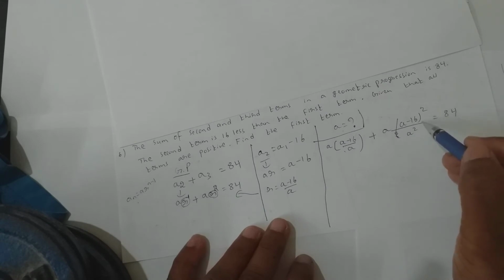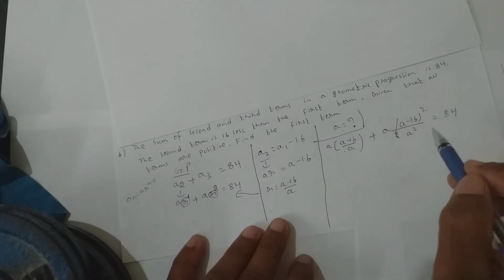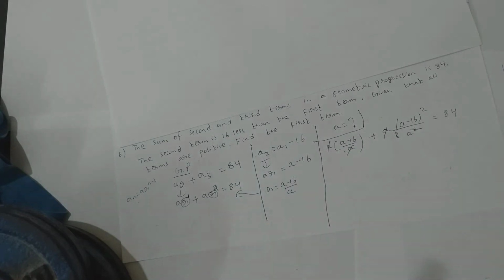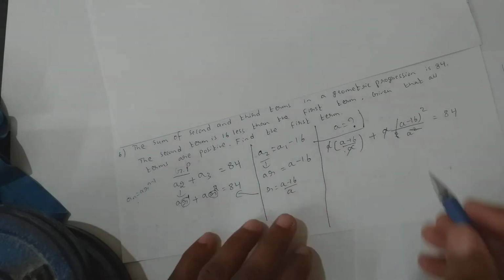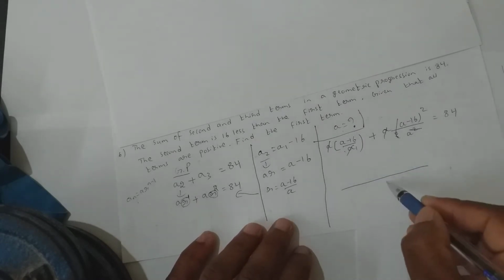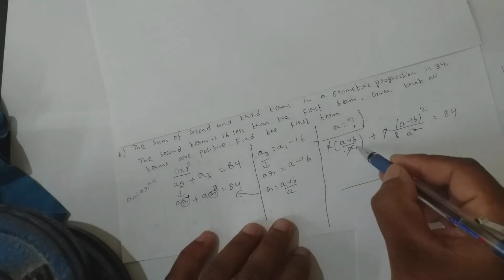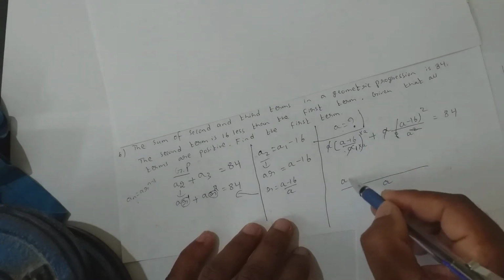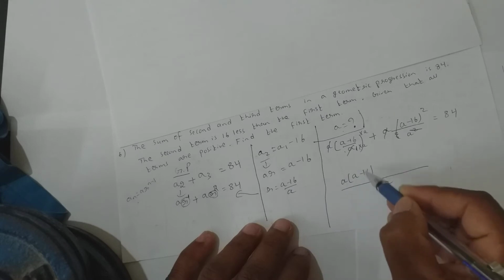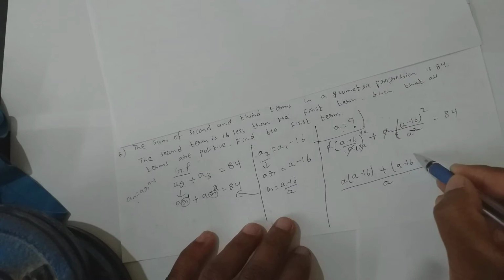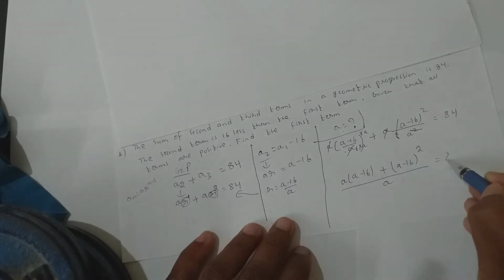Now what gets cancelled? A gets cancelled. Here the square and one A gets cancelled. Next I take LCM. LCM of 1 and A will be A. Here 1 should become A, means into A. So it becomes A into (A minus 16) plus (A minus 16) whole square, equal to 84.